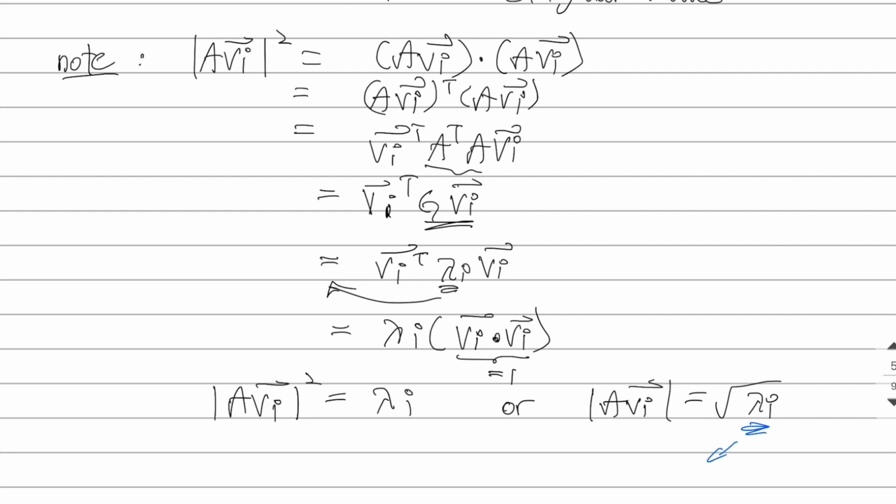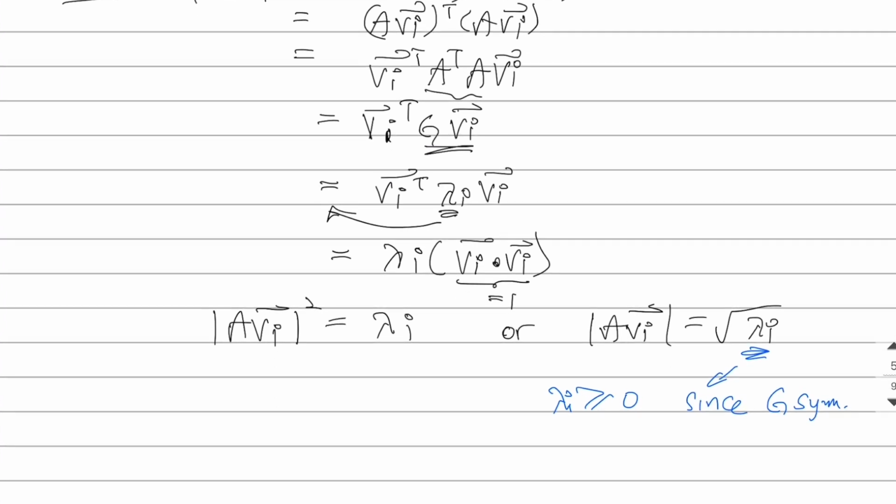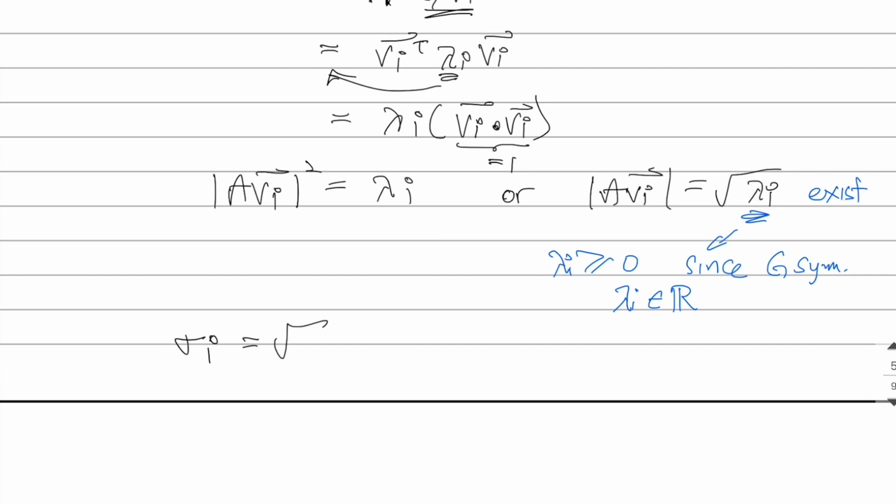Because this is the eigenvalue of a symmetric matrix, this is always greater than or equal to 0. Symmetric matrices always have real and non-negative eigenvalues. So this will always exist. These singular values turn out to be the square roots of the eigenvalues of that matrix G. And these things will also always be greater than or equal to 0.